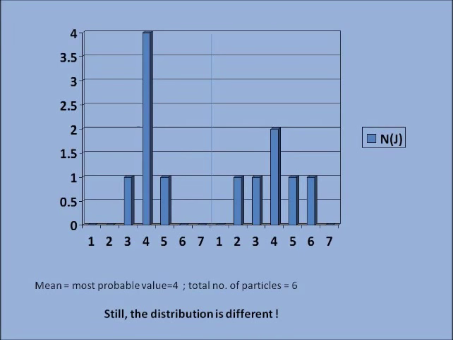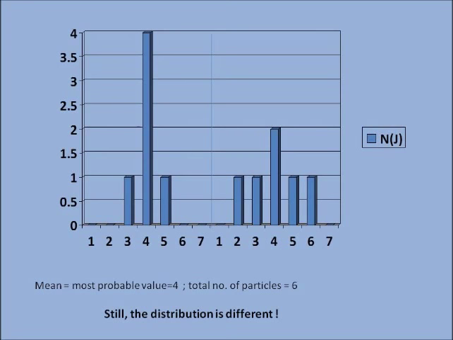Now here is another example. There are two distributions given in the same graph. At right, one is different, and left one is different. But in both cases, total number of particles are 6, and the x-axis gives the name of the state, and y-axis gives number of particles in that state.